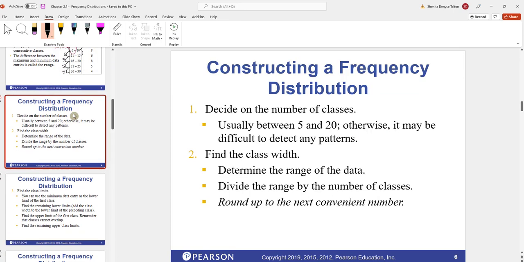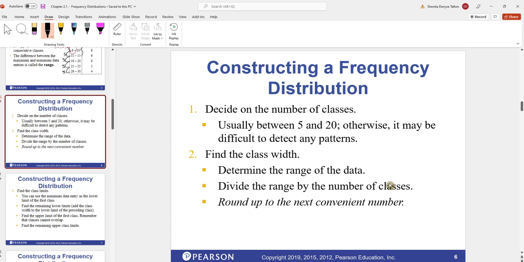So how do you construct a frequency distribution? Most frequency distributions can be done with technology, but I'll show you how to do it by hand so you can understand the concept. First you're going to decide on the number of classes, and that's usually between 5 and 20. Otherwise, it may be difficult to detect any patterns. Then you're going to find your class width. To find your class width, you take the largest number in your data set minus the smallest number.